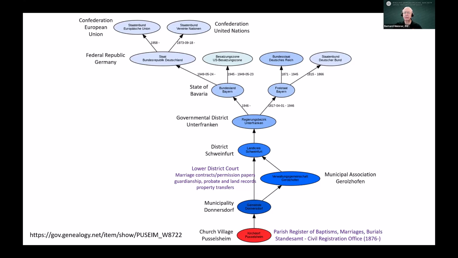In the Regierungsbezirk Unterfranken, we saw those administrative districts. And then starting in 1817 to 1946, it was the Free State, and then became the state of Bavaria there after World War I, and works its way up to the German state, to the European Union, and it's in, of course, the United Nations as part of Germany.